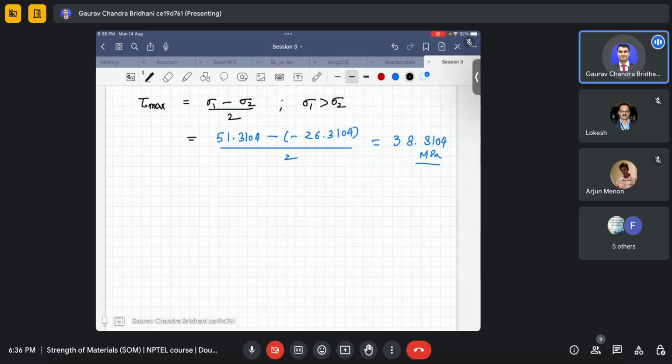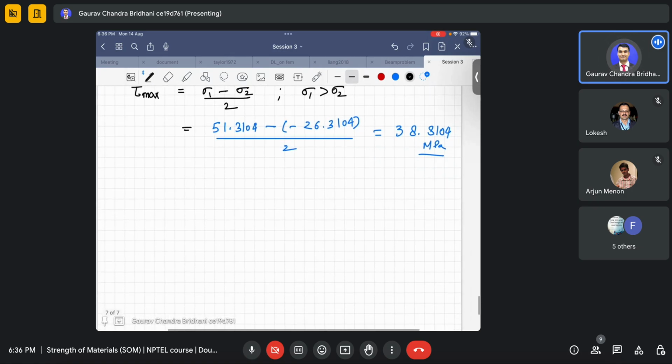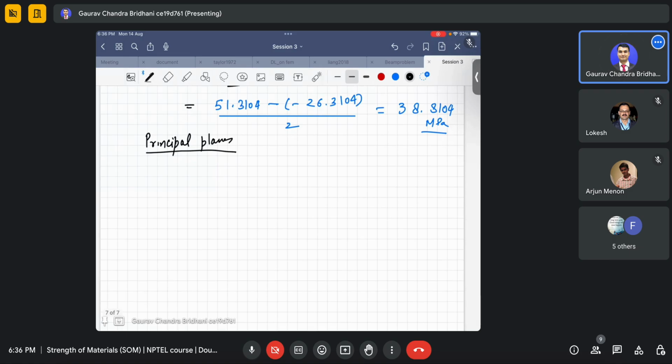And you can even find the principal planes here. If you want to find the principal plane also, you can do that. We have seen how we find that. You know that tan 2 theta is 2 tau xy upon (sigma xx minus sigma yy).